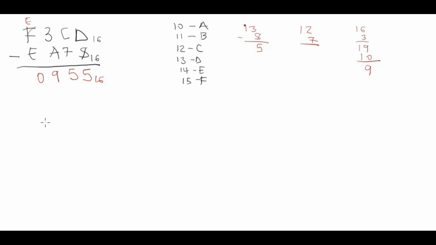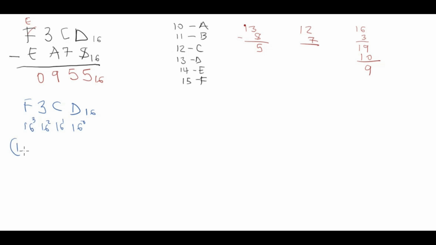This is the answer. So to prove this, if you are correct, we change this hexadecimal to decimal. Let's start with F3CD base 16. Let's change it to base 10. We see if you are correct. So you have 16 base 1, 16 base 2, 16 base 3.